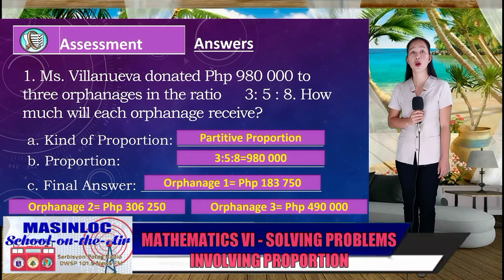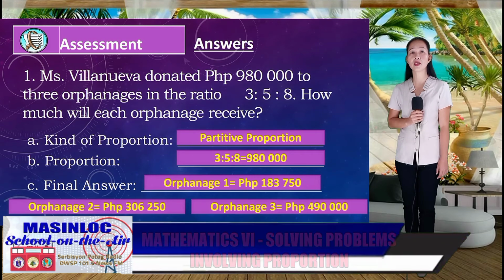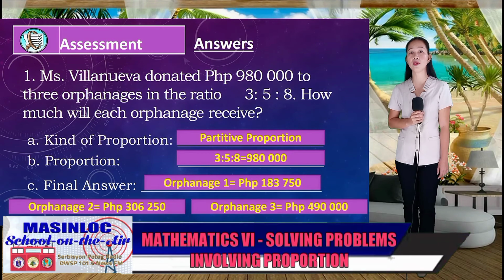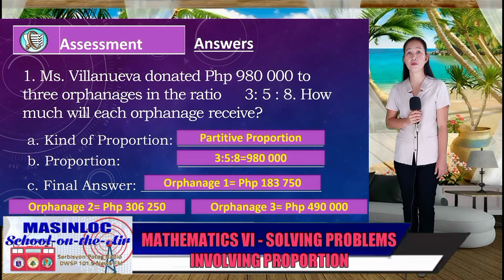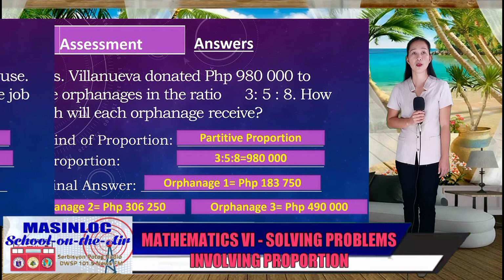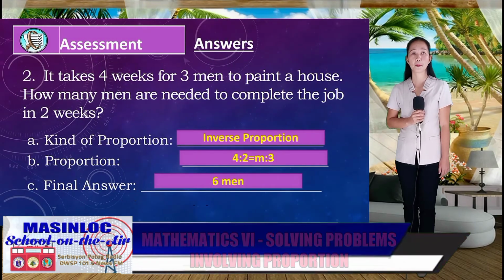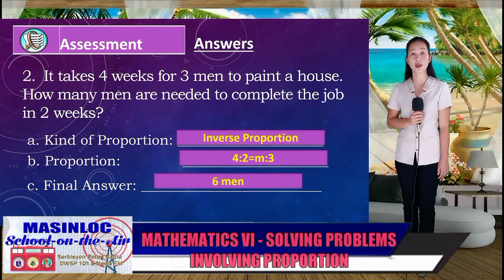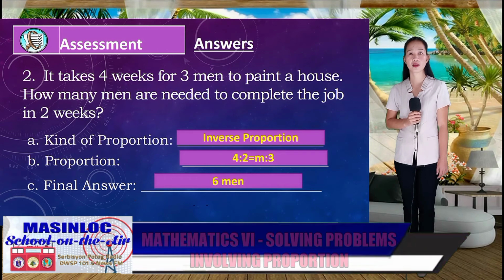Orphanage number 2 will receive 306,250. And orphanage 3 will receive 490,000 pesos. For problem number 2, the problem is inverse proportion. The proportion is 4:2 equals m:3. And the answer is 6 men.